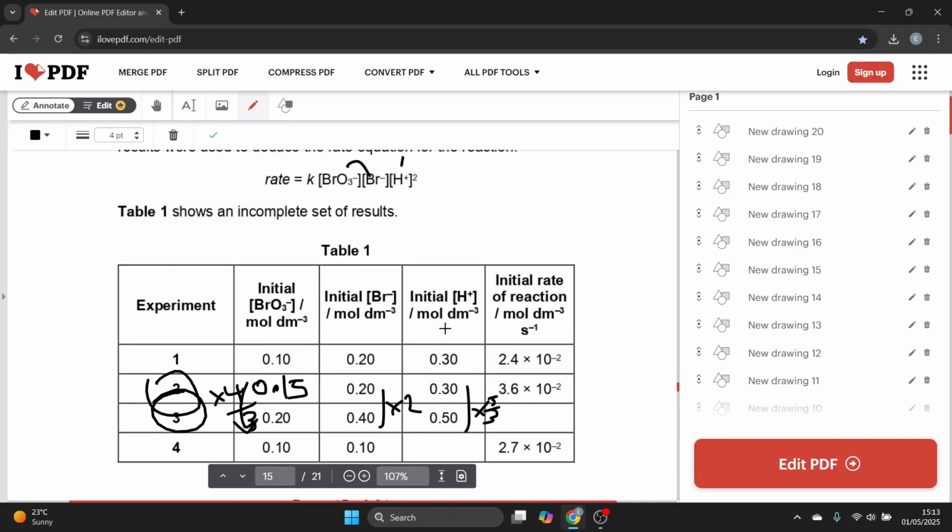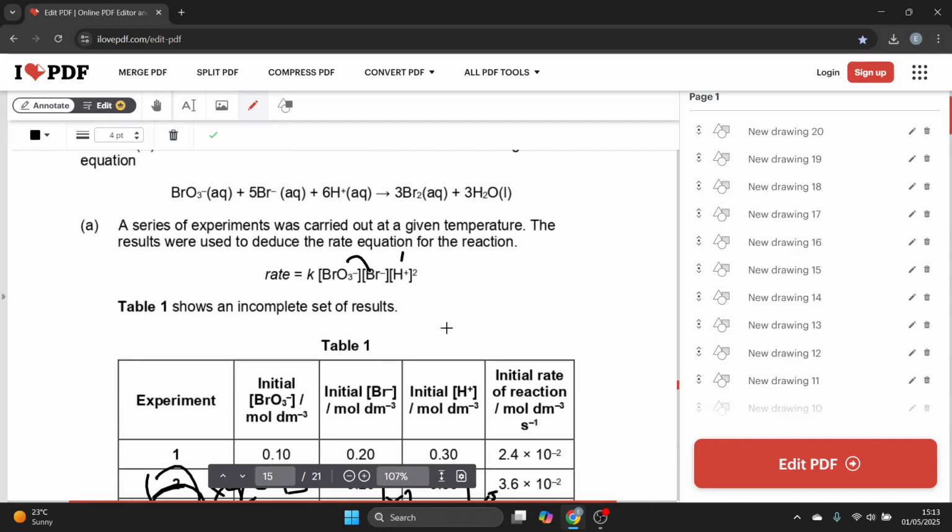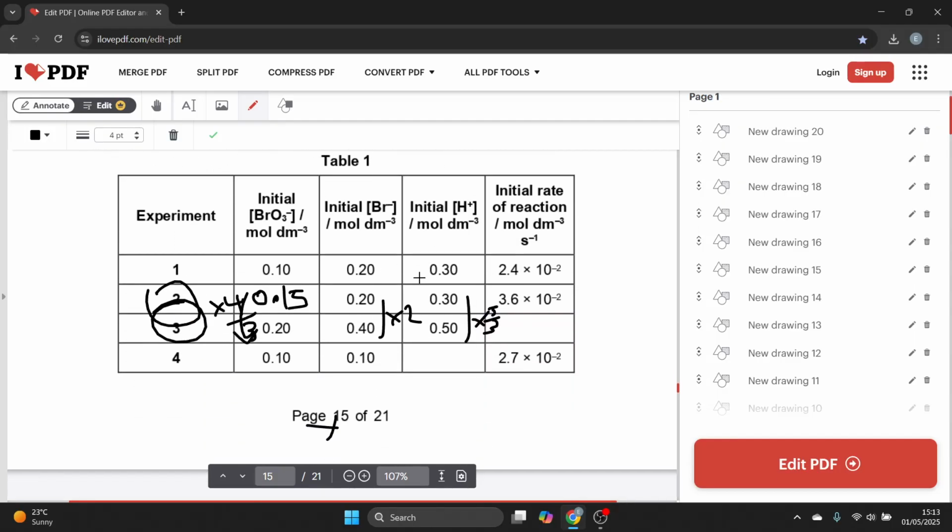But H plus is squared, so it's not actually times 5 over 3. It's the square root of 5 over 3, squared. So then I'm going to say it's 4 over 3 times 2 times my answer.